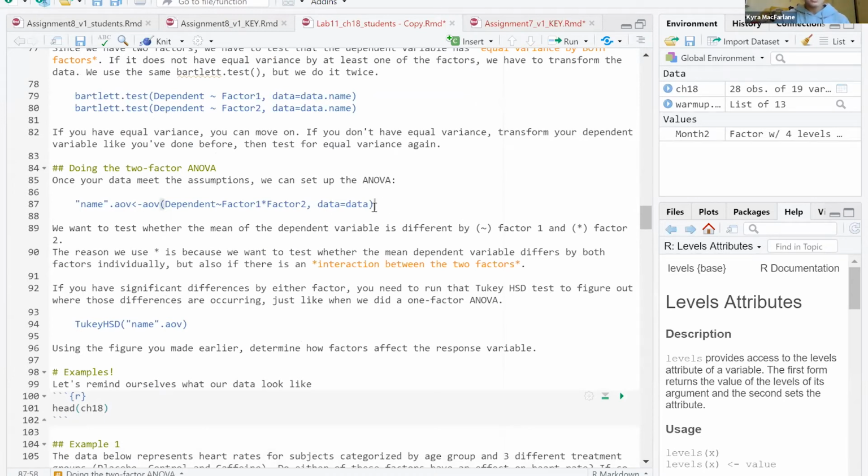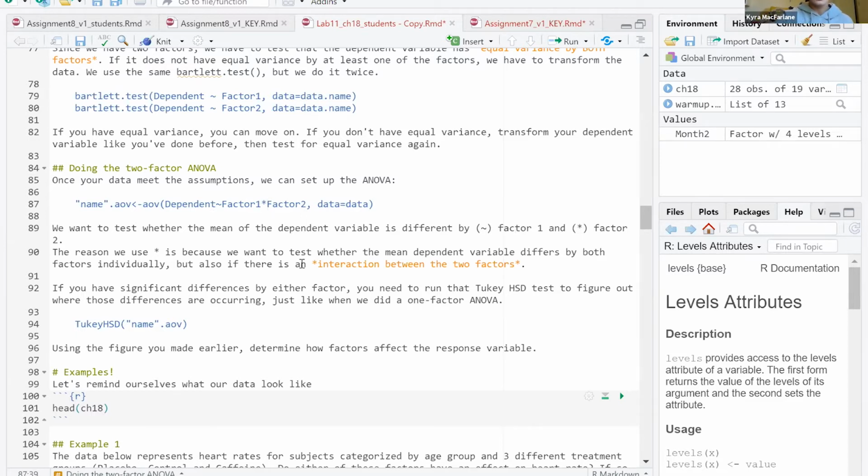The ANOVA function is pretty much the same as last week as well, except again, we have to include our asterisk factor 2. So we're testing whether the mean of our dependent variable is different by factor 1 and/or factor 2.